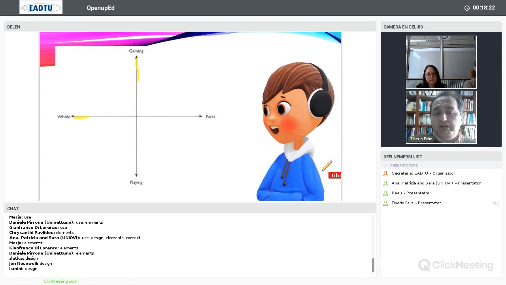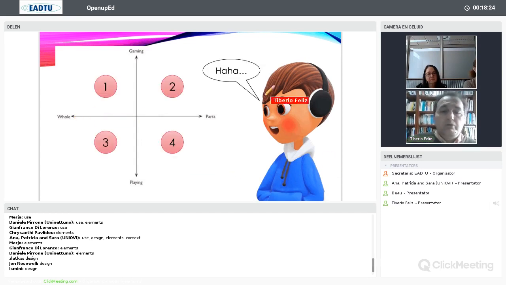And when we analyze this distribution, we number the quadrants, and then I'm asking the participants, where do you think, according to this definition, is gamification? In quadrant number 1, 2, 3, or 4?